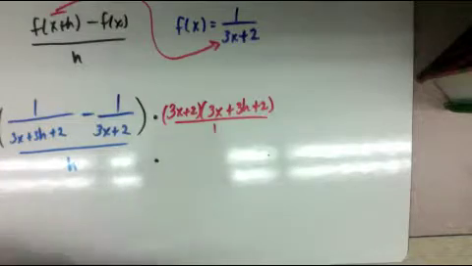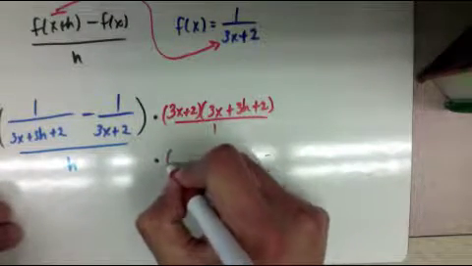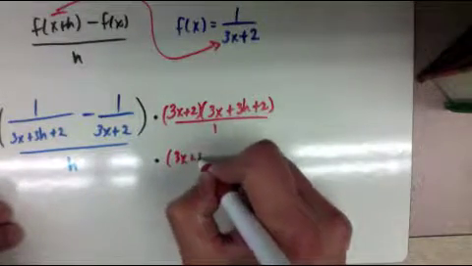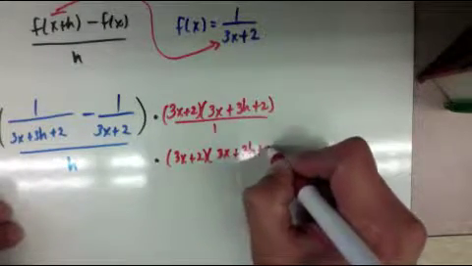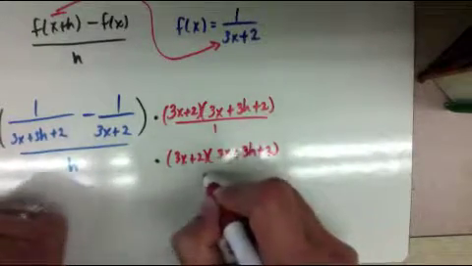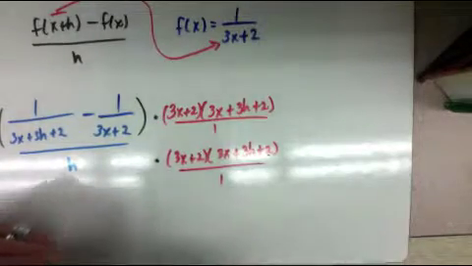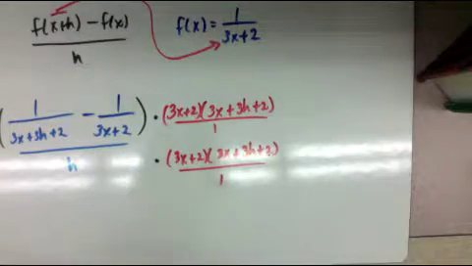So essentially I have 3x plus 2 times 3x plus 3h plus 2. If you want, you can put a 1 under it. It doesn't really matter. Okay, here's where we can start simplifying some things.